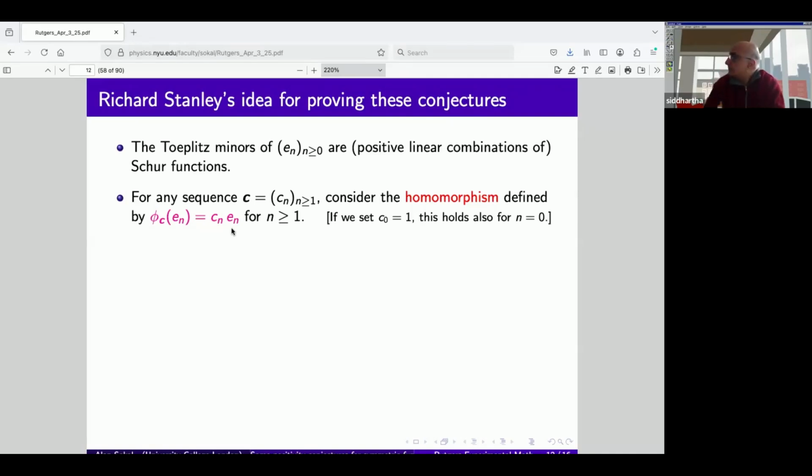No, let's see, what's dual to En with respect to the Macdonald inner product? Is it H? Yeah, E and H are duals, right?